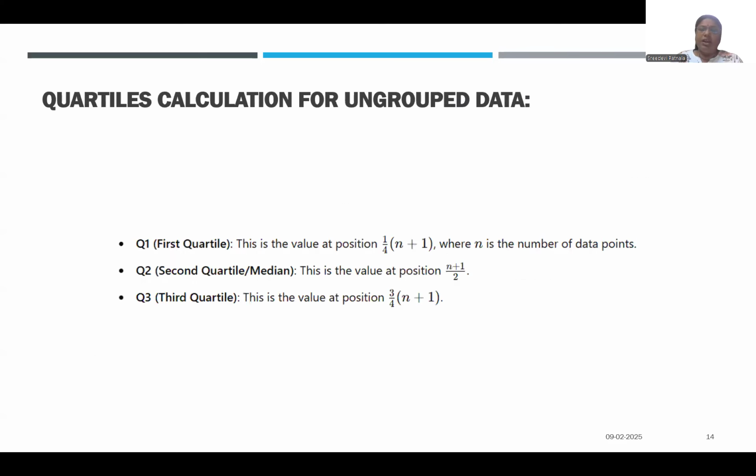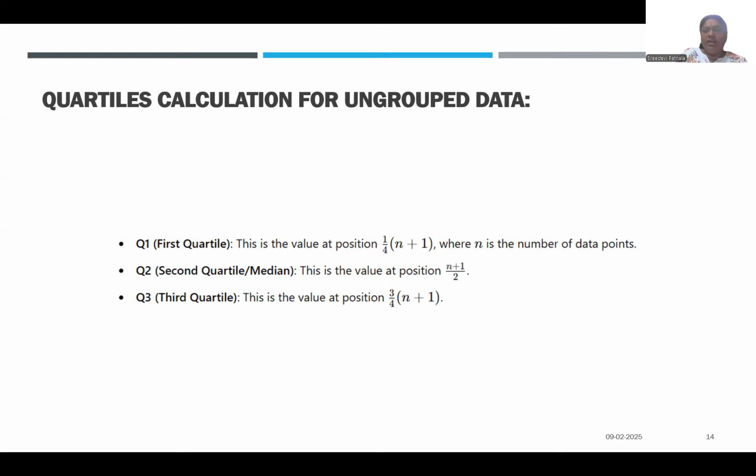So let's understand how we use these formulas for ungrouped data and grouped data. If a data set is given, how do you measure the quartile? For Q1, the first quartile, the formula to remember is (n plus 1) by 4, where n is the number of data points. So if you have 5 data points, (5 plus 1) by 4 gives your first quartile.